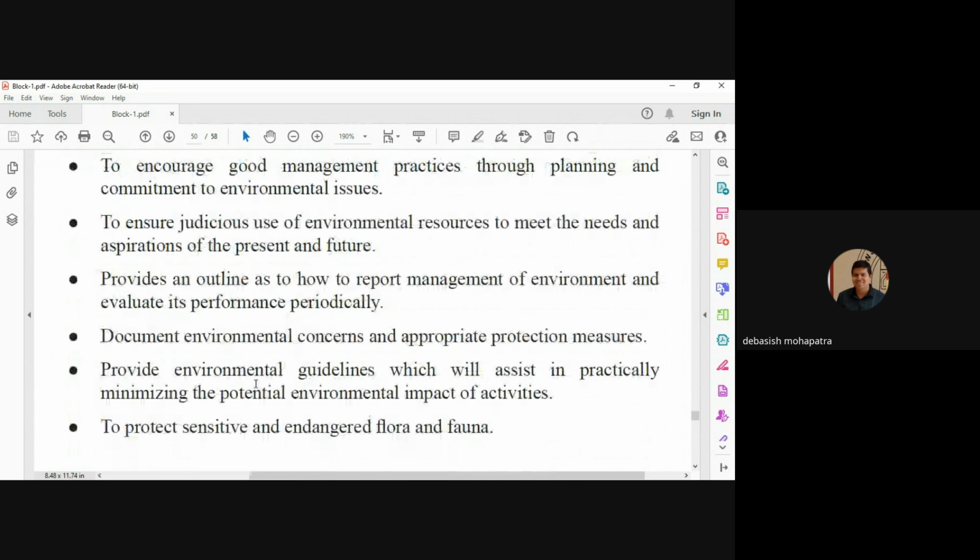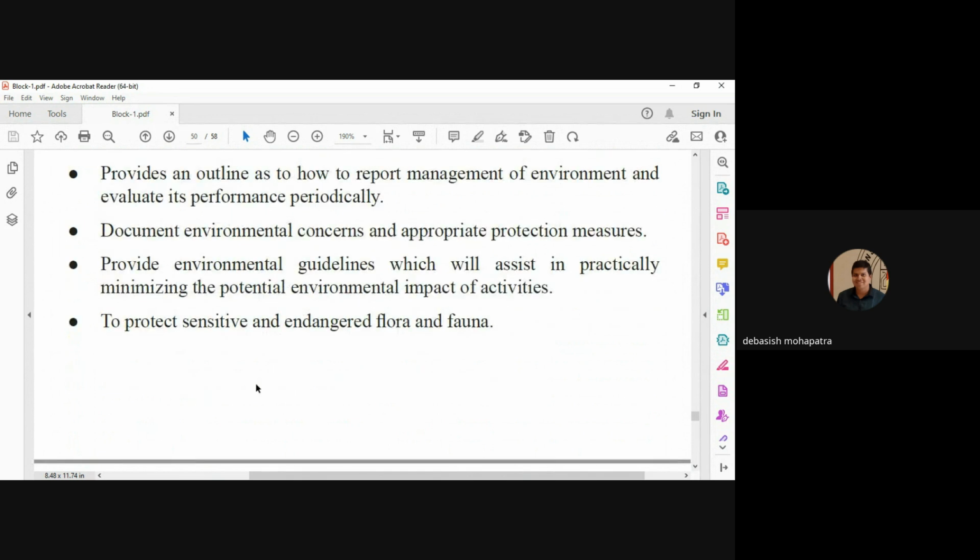Then document environmental concerns and appropriate protection measures. Provide environmental guidelines which will assist in practically minimizing the potential environmental impact of the activities to protect sensitive and endangered flora and fauna.